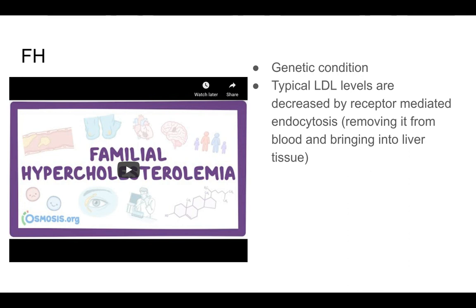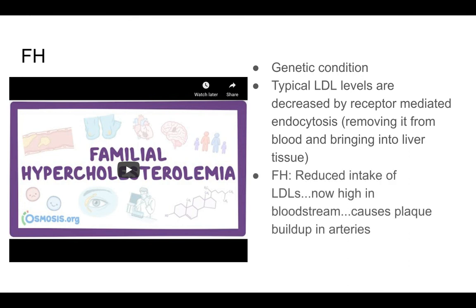That is normal. So in FH, you have to understand normal to understand how the mutations negatively impact. So in FH, in one of those different classes, and we don't have to know all the different classes of the condition, but we do have to know the net effect is reduced intake of LDLs.